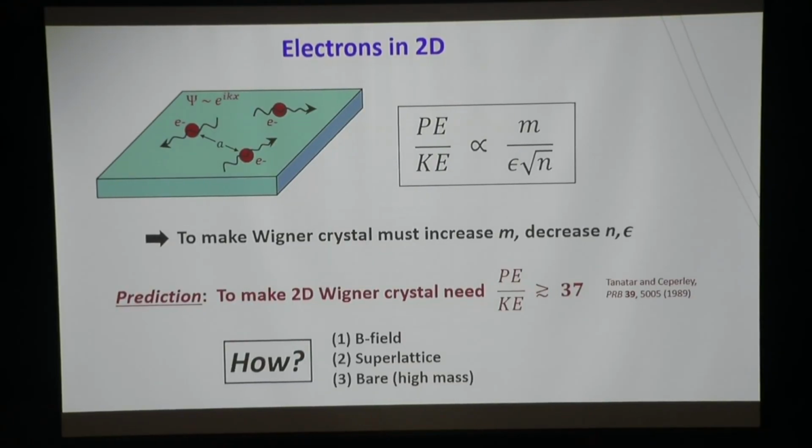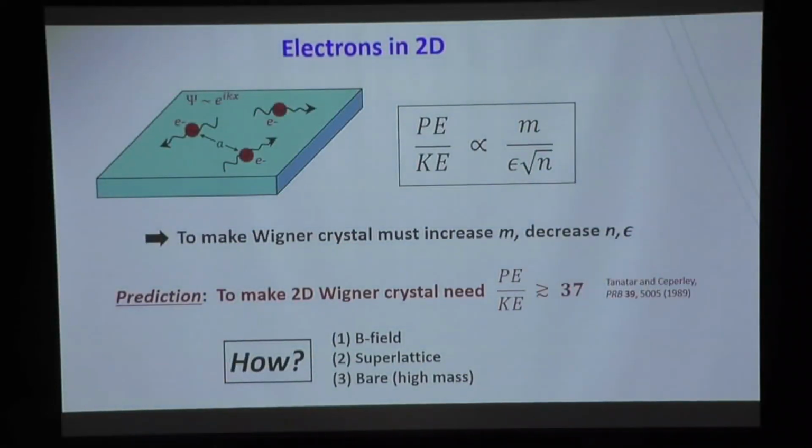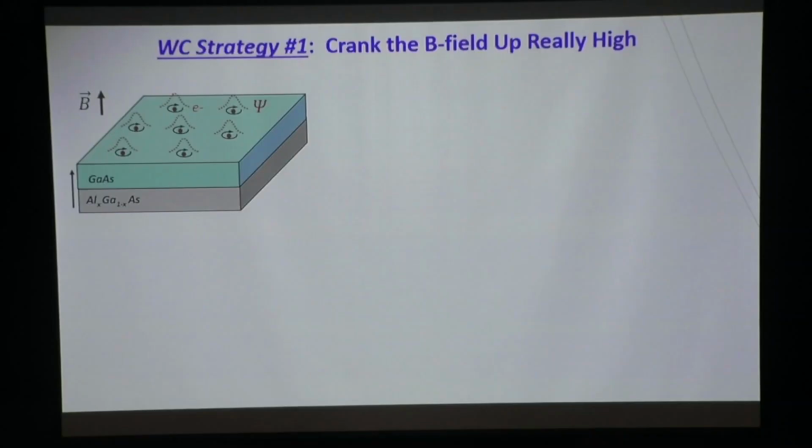And if you look at all of the work that's been done for the last 40, 50 years, then you'll notice that it really can be divided into three different regimes, three different techniques that experimentalists have used to make this ratio big. I like to call them the B-field technique, the superlattice technique, and the bare high mass technique. What I'm going to do in this talk is go through each of these in that order. So let's start with the first one, B-field.